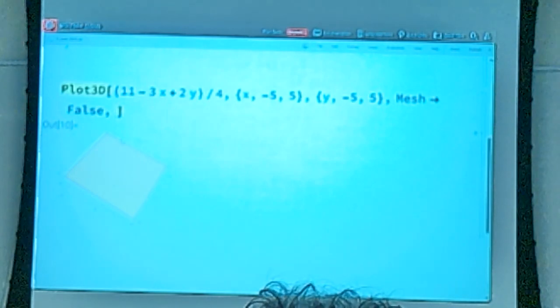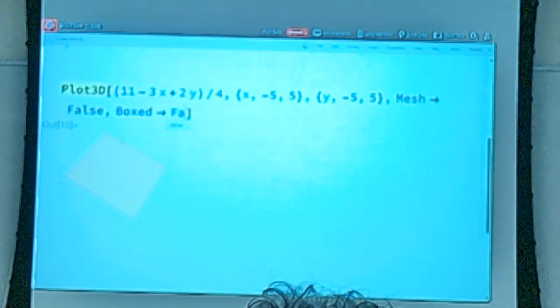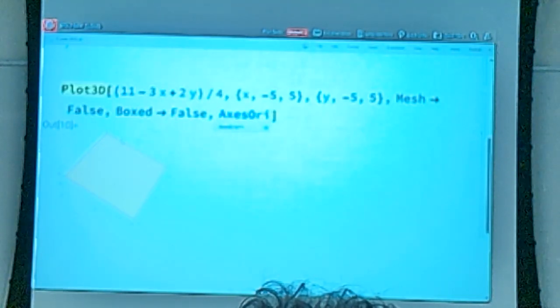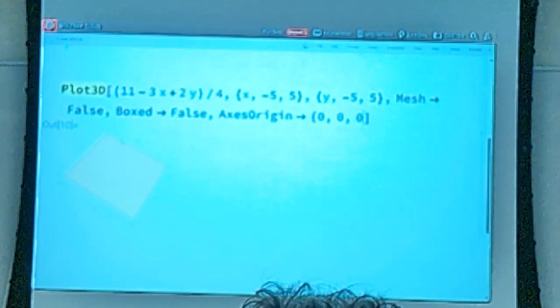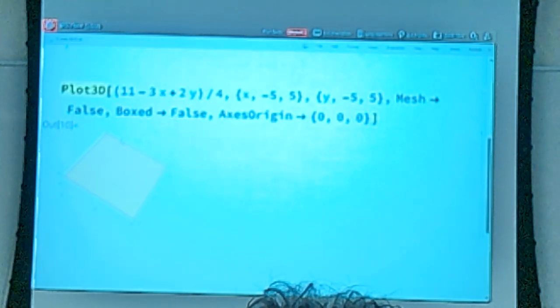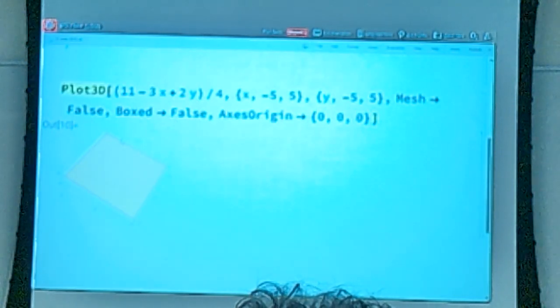I don't like the box. I never have. Even though whenever you look at a text, they always put 3D graphs in a box.